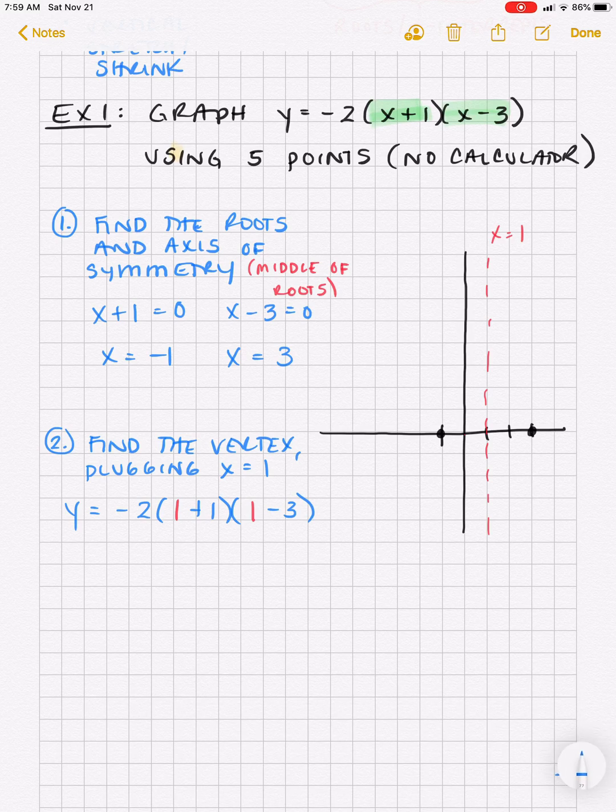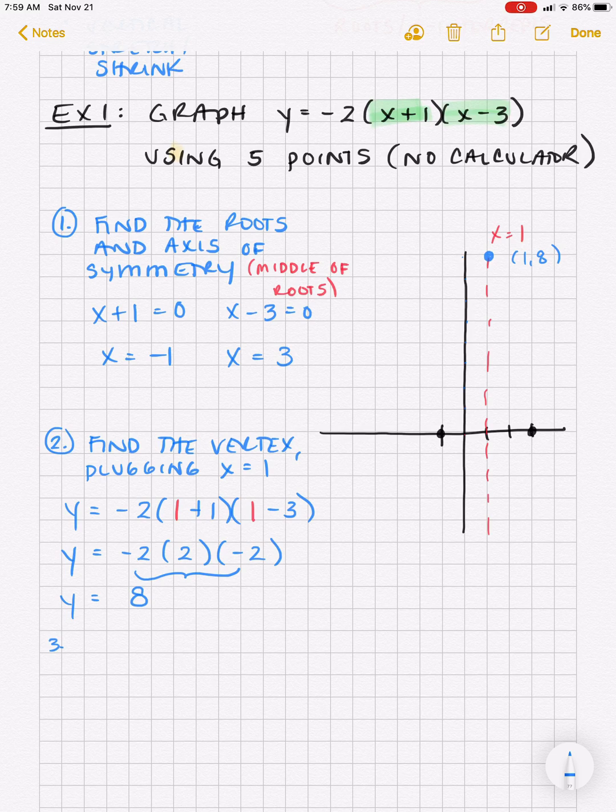Now this is going to be a little bit easier to calculate without a calculator, just because we don't have to worry about the squared or the order of operations like the other forms. All right, 1 plus 1 is 2, 1 minus 3 is -2. Let's multiply all of this together. -2 times 2 times -2 is going to be a +8. So the vertex is going to be at +1, 1, 2, 3, 4, 5, 6, 7, 8. Right up here at (1, 8) is going to be the vertex.